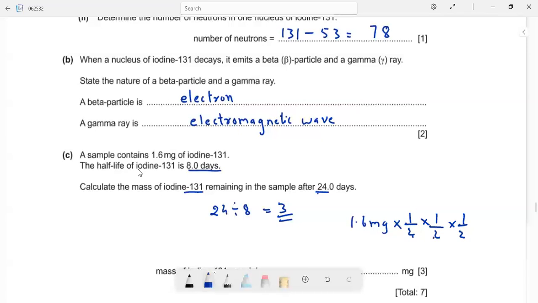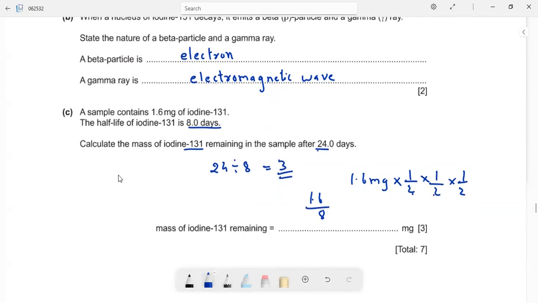So that is 1.6 divided by 8. So it is 0.2 mg.